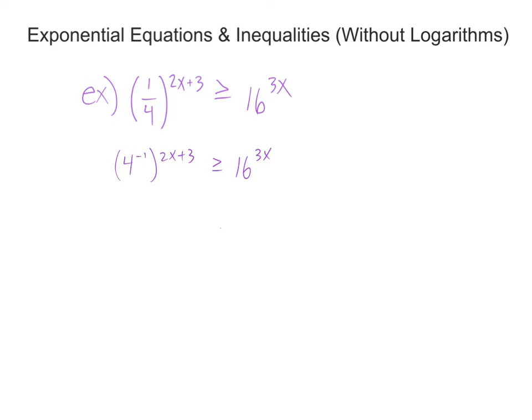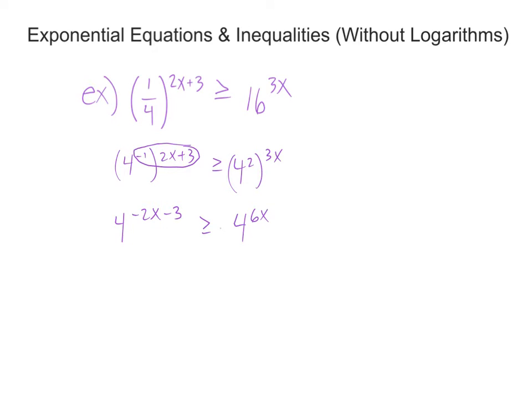Actually, let me go ahead and save a line and call that 4 squared to the 3x. And my bases are going to match, and they're both going to be 4s. So 4 to the negative 2x minus 3, which is what I get when I multiply negative 1 by that other exponent, and then 4 to the 6x on the right.